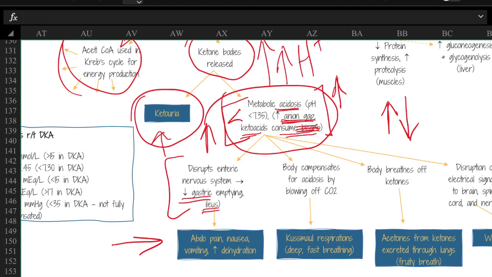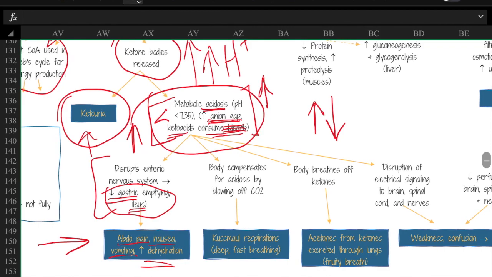And that is why patients develop abdominal pain, nausea, vomiting, and an increase in dehydration that has to do with what's going on in the digestive system itself. This abdominal pain, nausea, and vomiting is quite often the thing that brings patients into the ER. It's almost unbearable, the amount of nausea and vomiting that patients experience, and then again, that dehydration from losing all of those fluids. So that's one major symptom that comes about because of the acidosis.